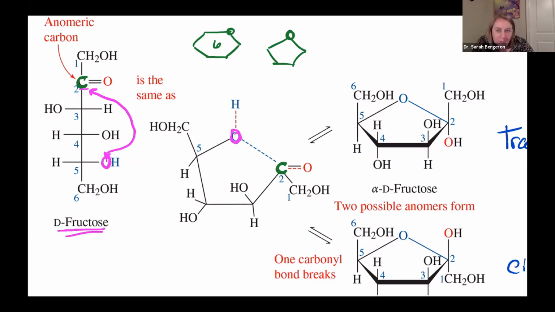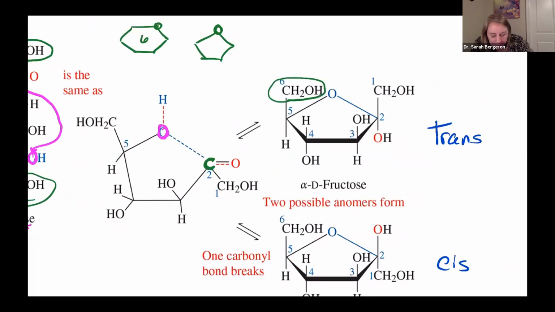Okay, so remember your carbon 6 is still gonna stick out on top, but now you also have carbon 1 that's going to stick out. Now, you don't know where carbon 1 is gonna go, because that carbon 1 is going to be bound to the same carbon that has that hydroxyl group on it.